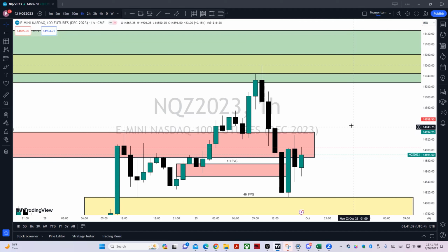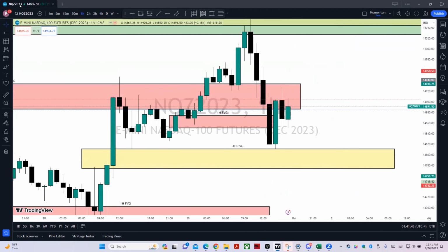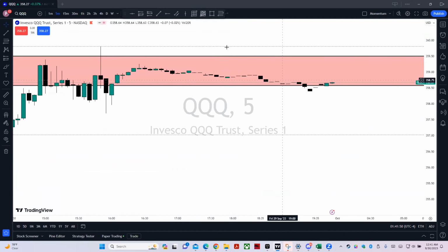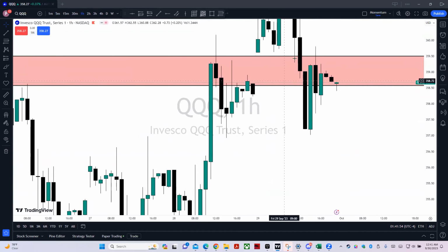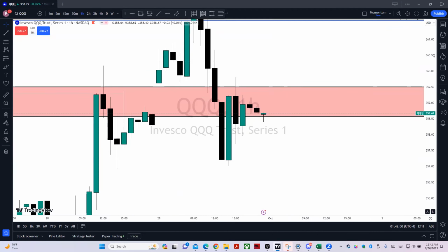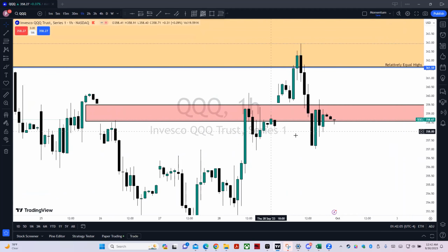Either way, I believed in the downside because if we look on QQQ, we can look at the same 1 hour chart. Look at that. Look at all that. Look at that liquidity void created. So why did I believe that this liquidity void would get absolutely whacked?